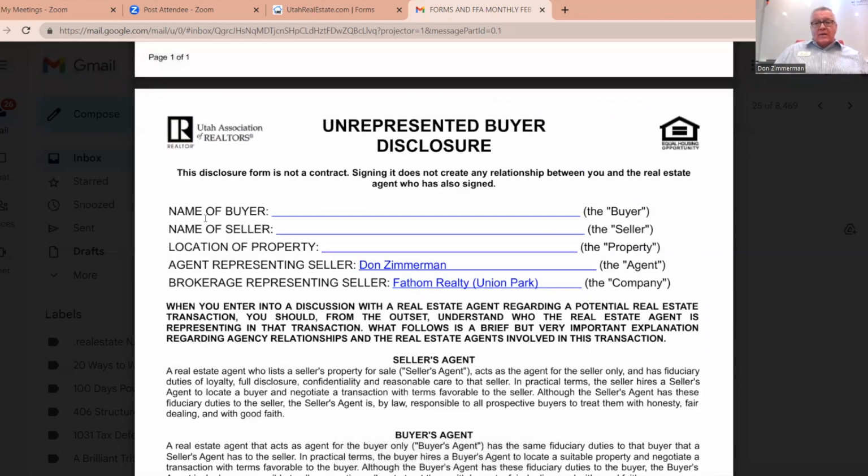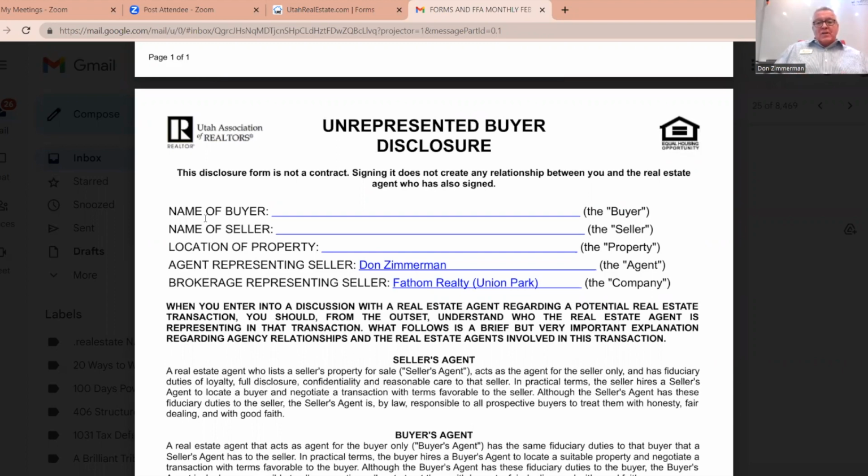And I totally agree with that. I hate an agent being a limited agent because you cannot serve two masters. You have to be so neutral that you don't give one party or the other any advice that's going to give them an advantage over the other side. Right. Okay. There are more lawsuits on limited agency than any other kind of transaction. However, I'm okay with limited agency.